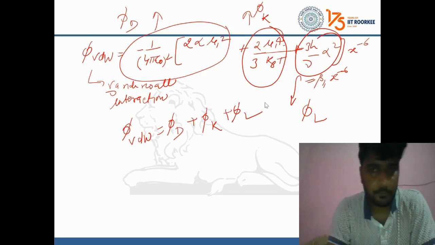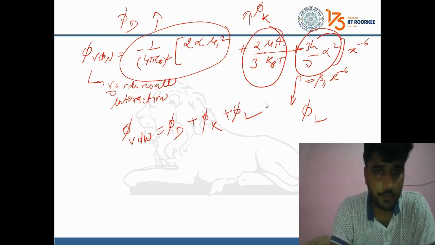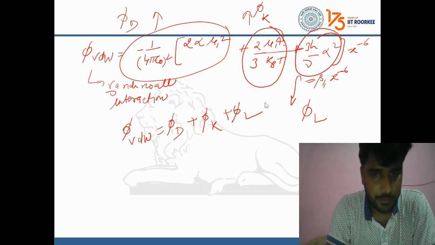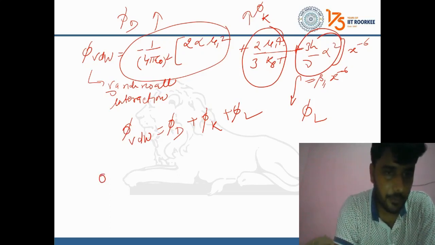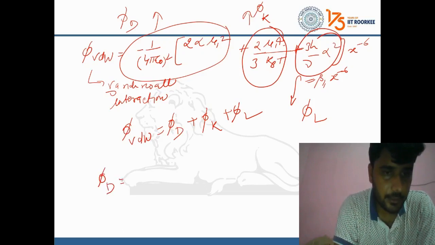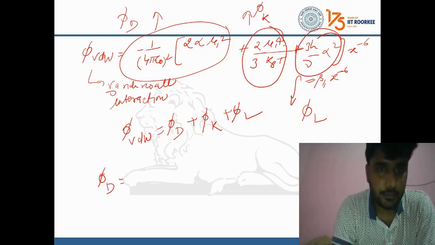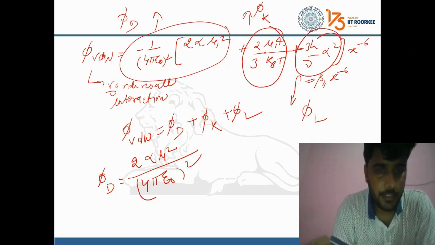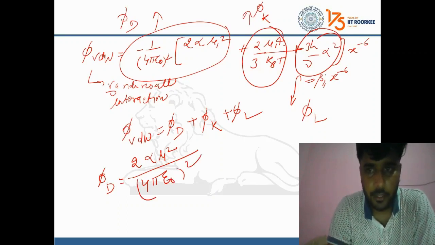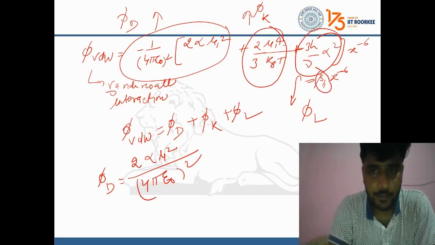If I go for the contribution by the individual force, if I talk about this Debye interaction, that will be 2 alpha mu square divided by 4 pi epsilon square, or this term, that is beta 1 1.